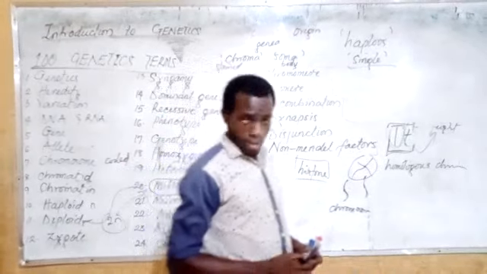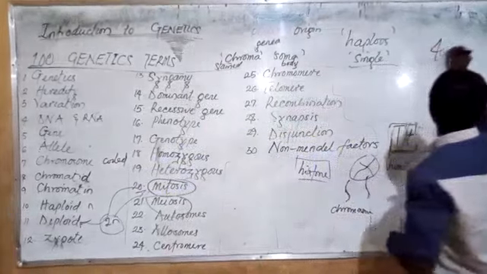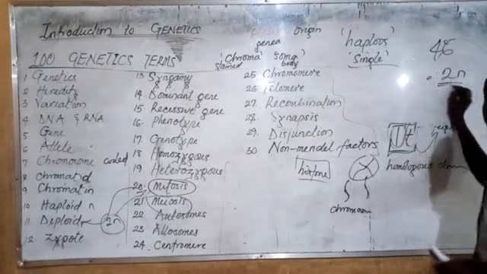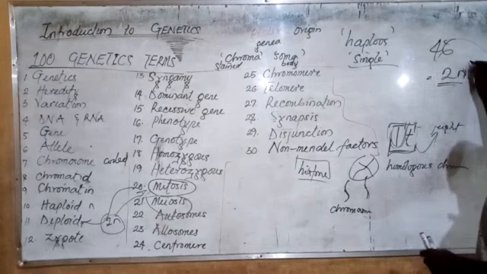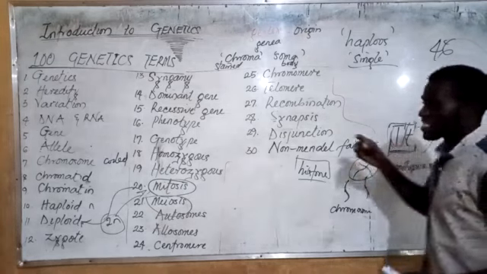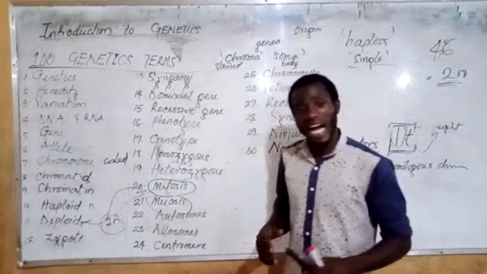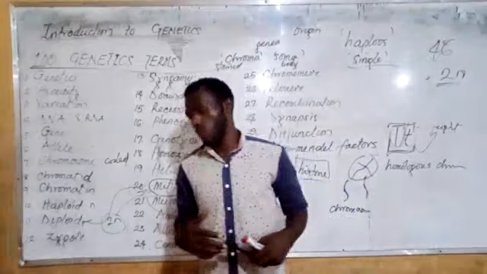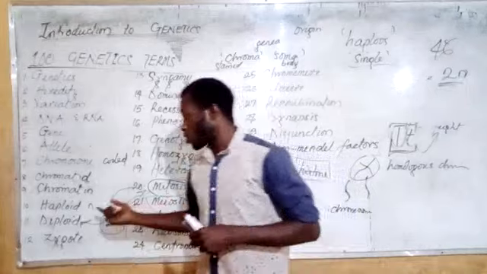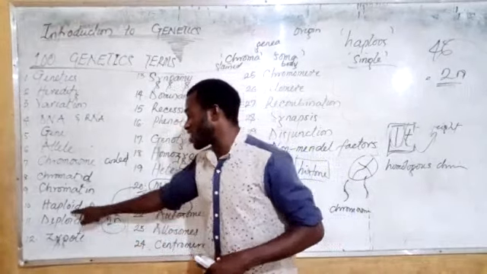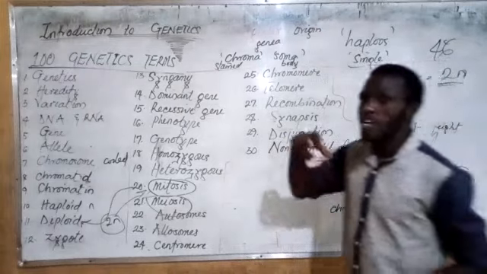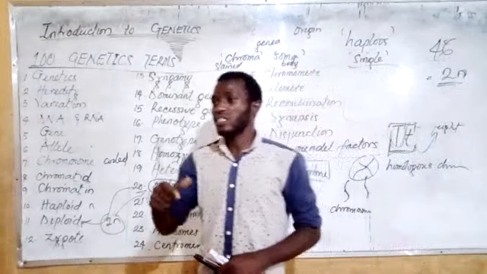Alright, so in humans, we have 46 chromosomes, which is equal to 2n, our diploid number. So showing that n is going to be what? 23. So it means that any haploid cell in our body is going to have 23 chromosomes, not the pair, just 23 chromosomes.